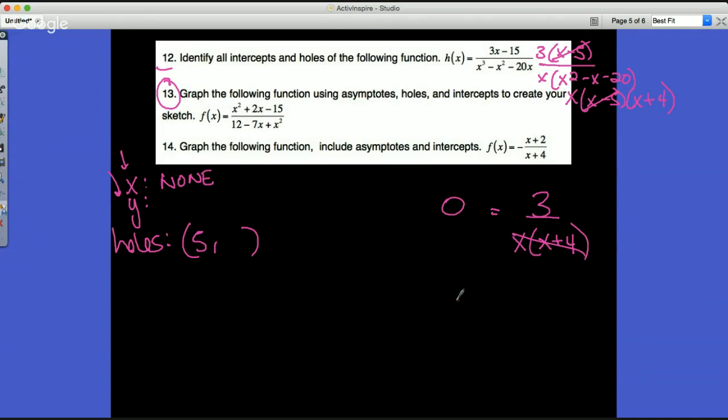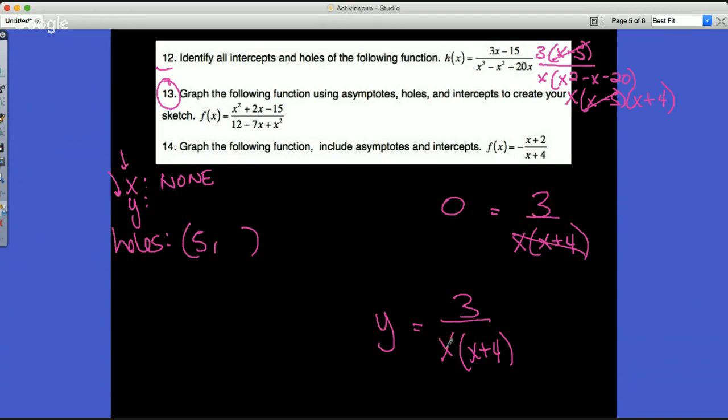We then go back and notice that 3 over x times x plus 4, we could actually plug 0 in for x to get what the y is. You could absolutely do that. However, you could also plug in 0 to the top over on number 12.